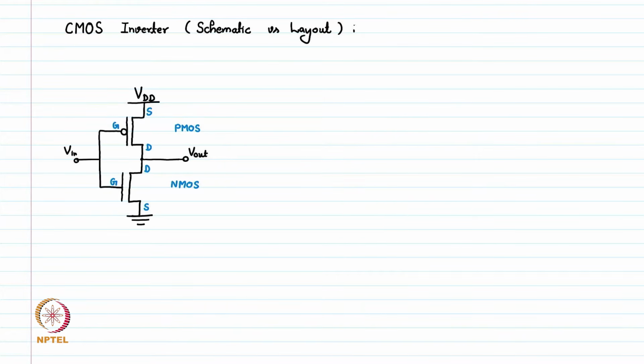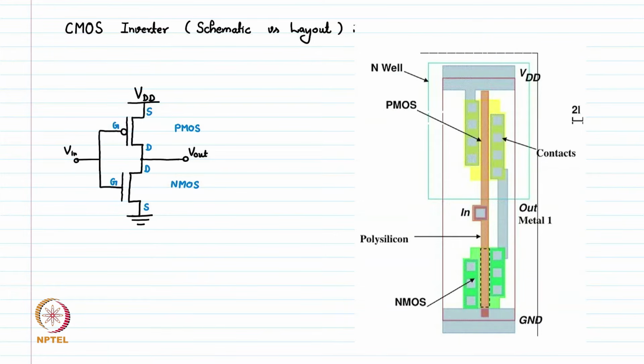So let's see how a layout looks for this CMOS inverter. This is the pictorial view of the layout. So here we call it the schematic, which we draw in software, and this is called the layout.